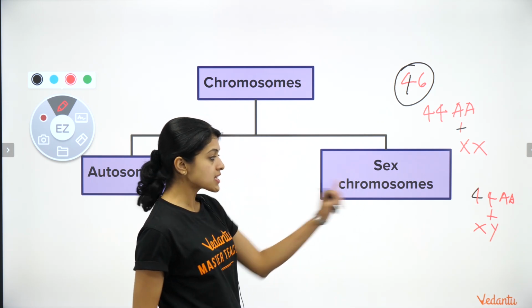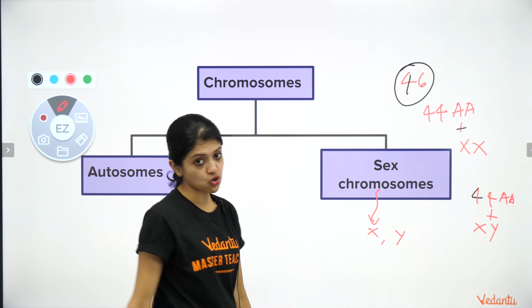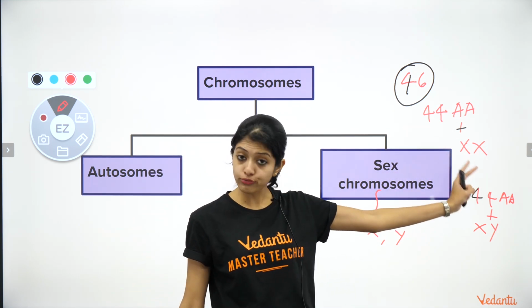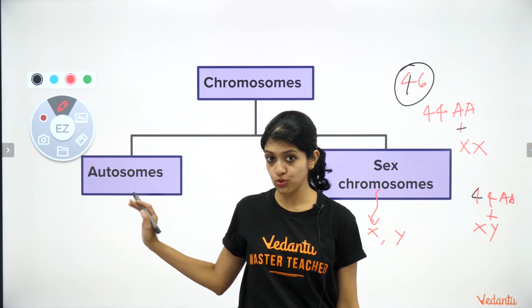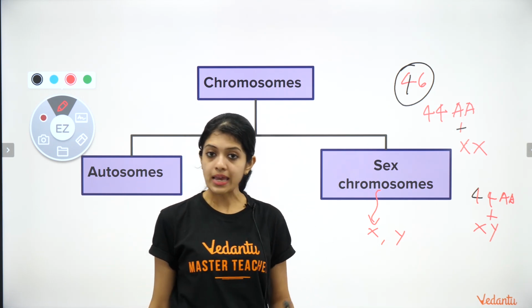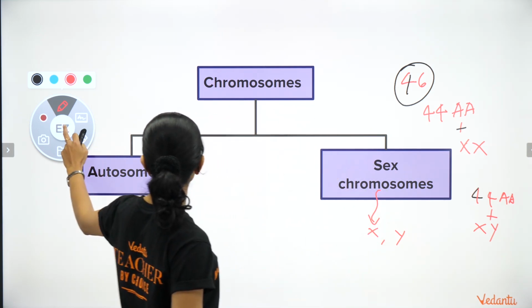Okay, so sex chromosomes are just the X or the Y chromosomes. So there are just 2 sex chromosomes in a diploid cell of the human body, whereas there are 44 autosomes in the typical diploid cell. Okay, so keep that in mind, what are autosomes and what are sex chromosomes.